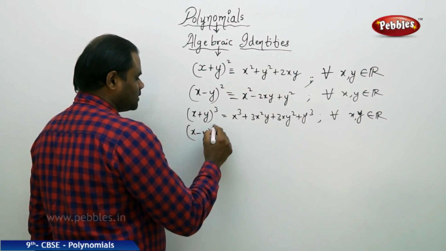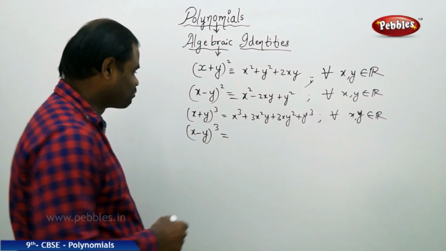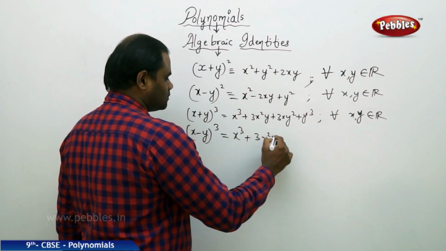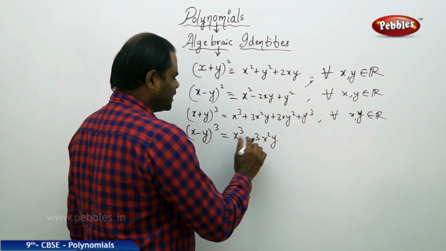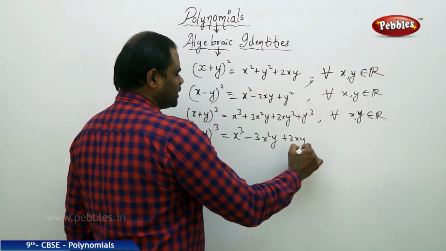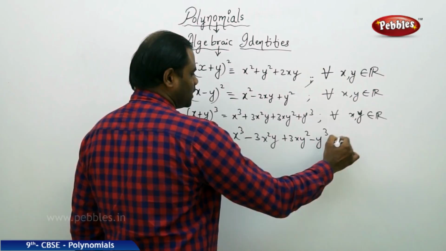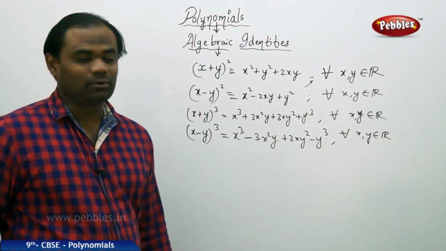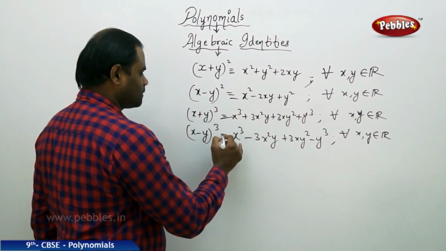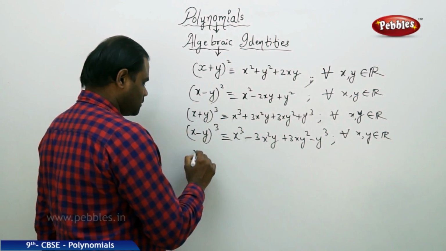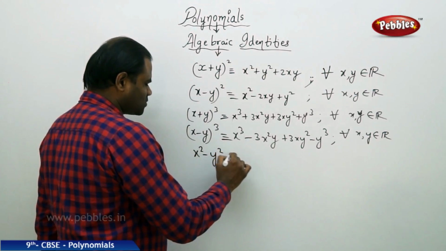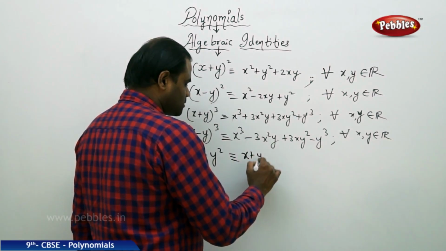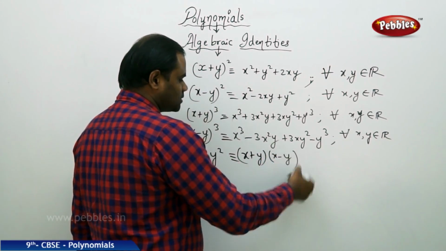Next, (x minus y) whole cube, which is x cube minus 3x square y plus 3xy square minus y cube, which is true for all x and y belonging to R. Next, x square minus y square is said to be identically equal to (x plus y) into (x minus y).